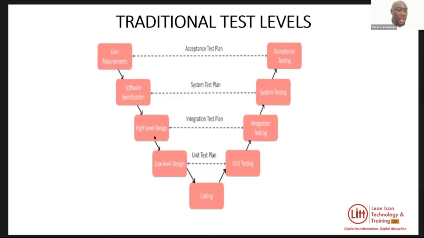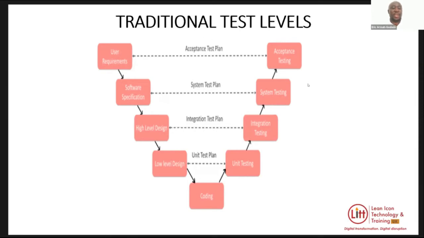Then we've got the high level design with integration testing, and on the left hand side again we've got software specifications, and then system testing. So for every phase of development in the traditional, sequential development cycle, you have a corresponding testing phase.